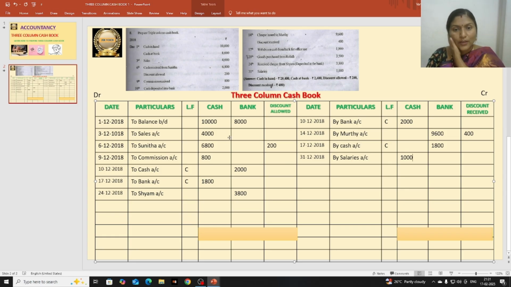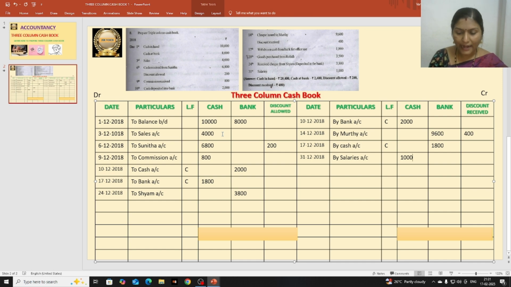So here you should do totals first. First, the cash column. Now you can see my mouse pointer. Cash column, what are the amounts here? Debit side cash column: 10,000, 4,000, 6,800, 800, 1,800. These are the amounts on the debit side.